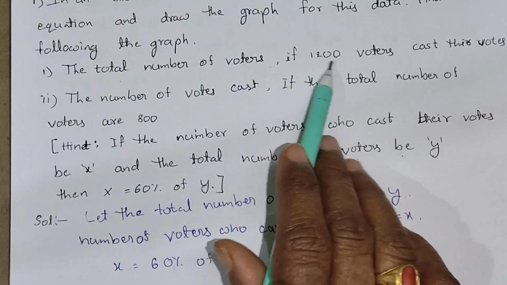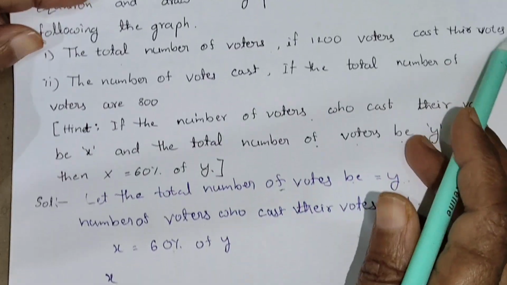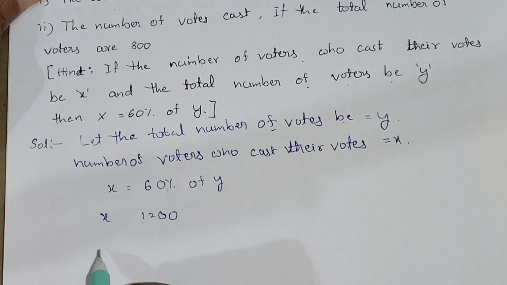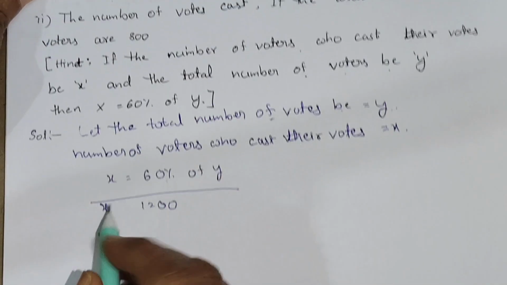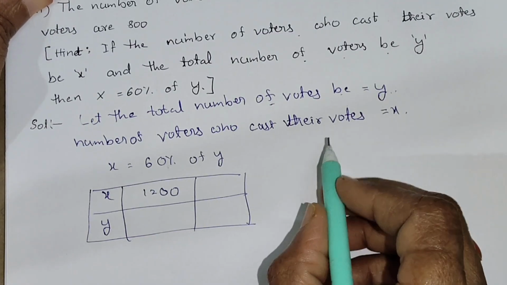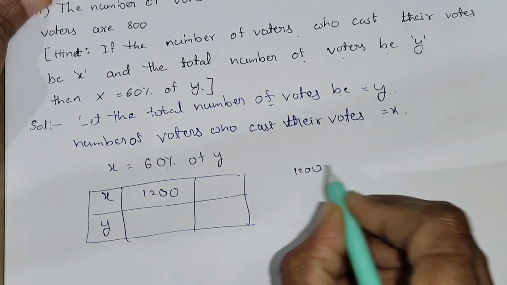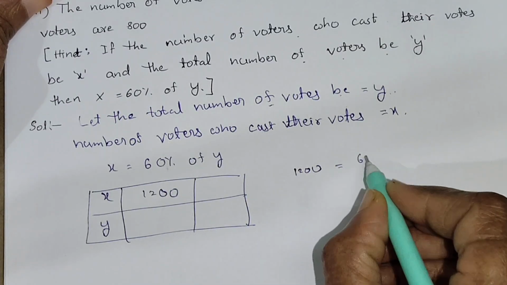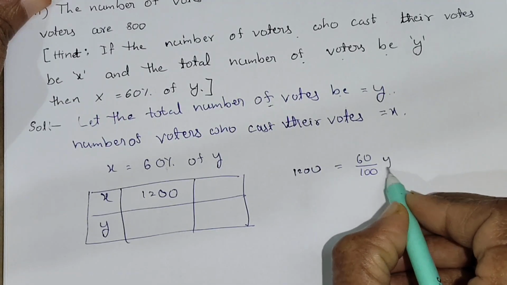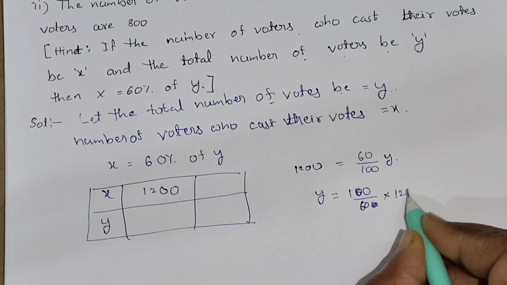The total number of voters if 1200 voters cast their votes. Here 1200 voters cast their votes, so x equal to 1200, which means we find the y value. x equal to 1200 means 1200 is equal to 60% of y. 60% means 60 by 100 into y. So y is equal to 100 by 60 into 1200.